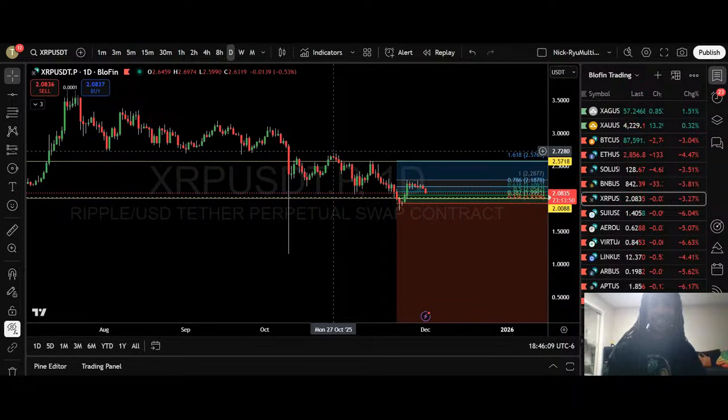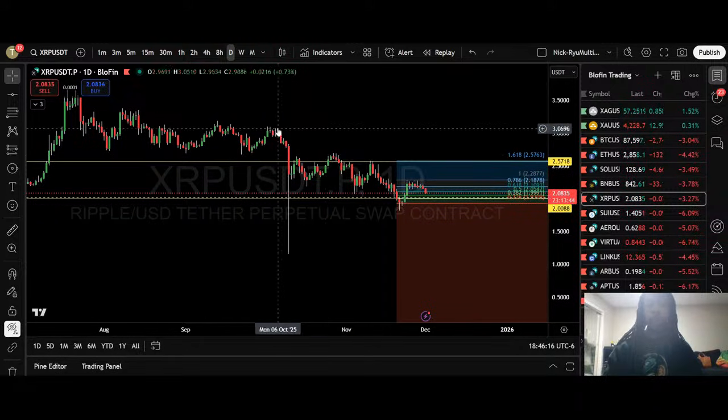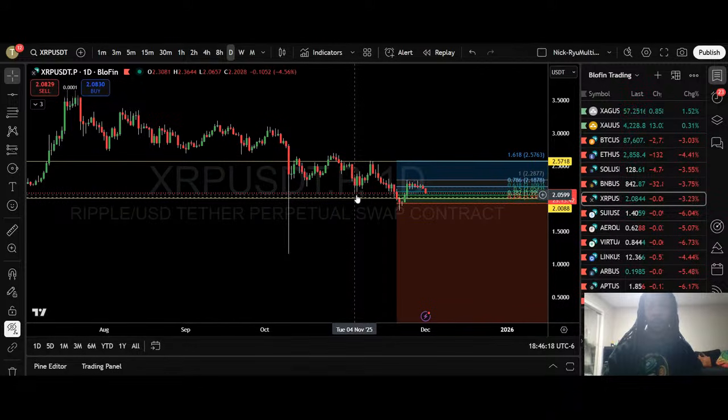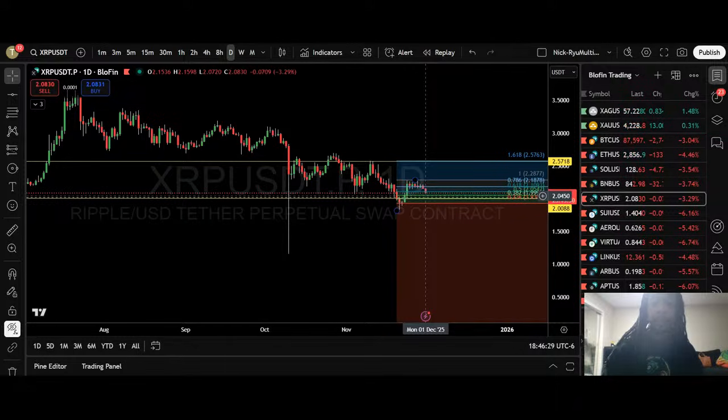But price needed to break into a new high for us to remain bullish. Instead, it created a lower high and then a lower low. Then it created a lower high and a lower low. Then it's creating a lower high. So the expectation for XRP is to create a lower low.